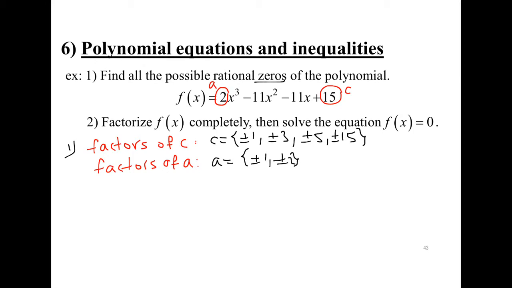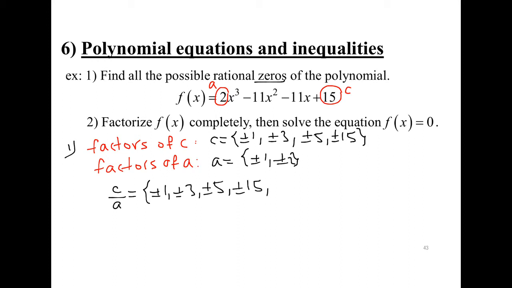Now the possible rational zeros of the polynomial are in fact the set consisting of c over a. So it's all the factors of c divided by all the factors of a. All the factors of c divided by 1 are the factors of c: plus or minus 1, plus or minus 3, plus or minus 5, and plus or minus 15.